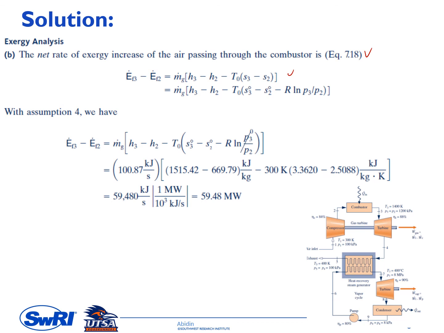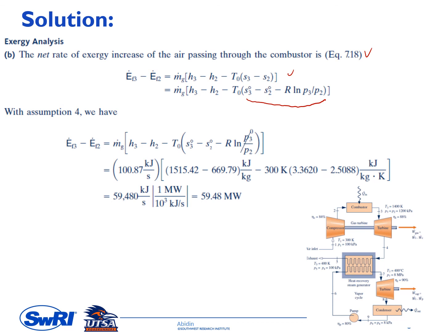So it is m dot g times the change of the enthalpy minus T0 times the change of the entropy. This is air and can be assumed as an ideal gas. We can estimate the entropy change by using this formula.